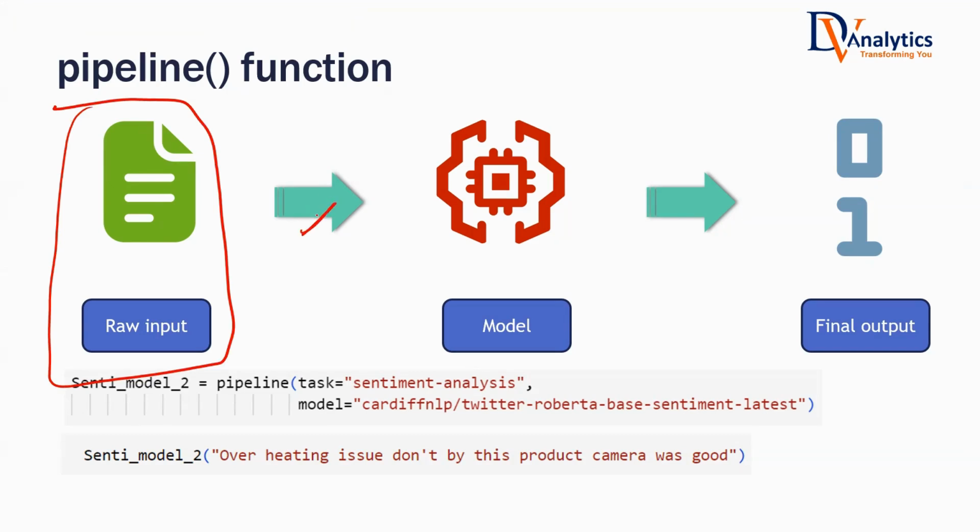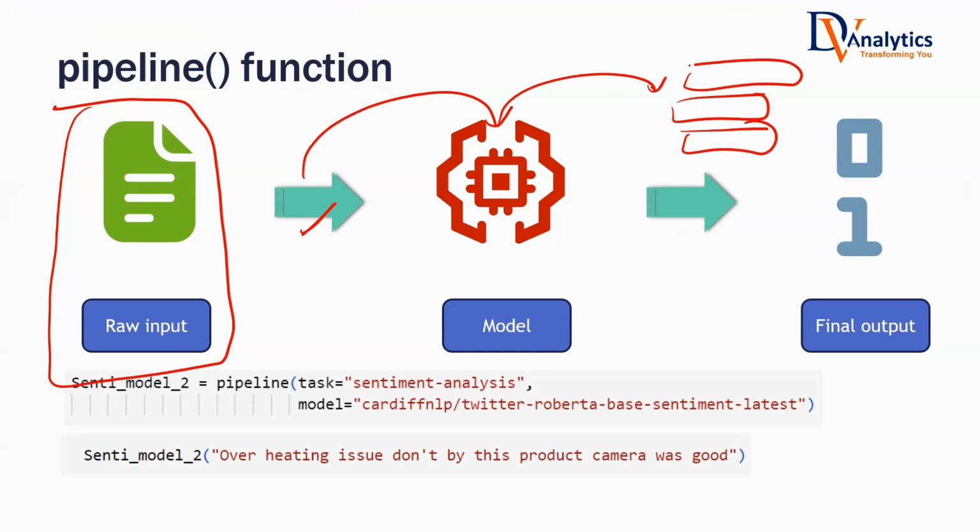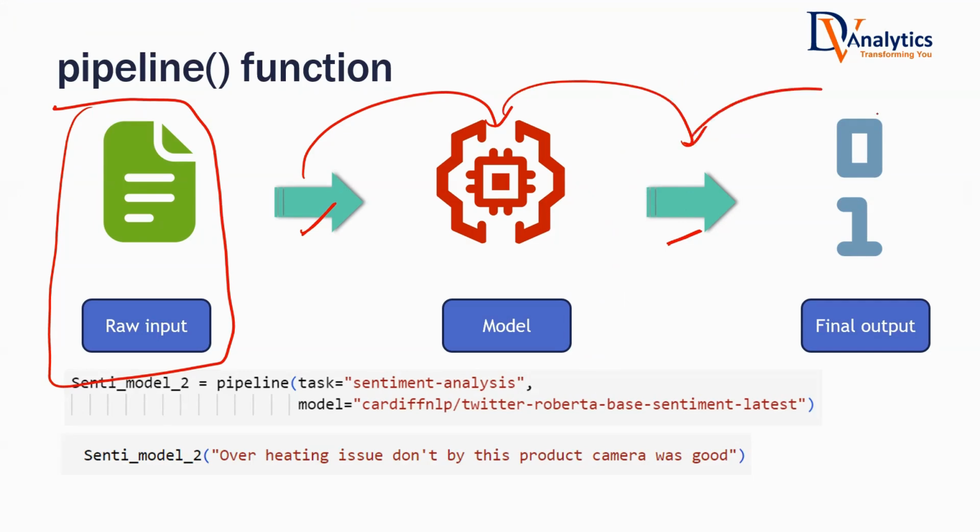That is known as encoding or tokenizing. That encoded text is sent to our model. The model gives the output in a probability format. If you have 15 or 20 nodes in the output layer, you will get all 20 outputs. But we take the max value, the class that contains the maximum probability, and we give that. That post-processing is also taken care of by the pipeline, and we get the final output.